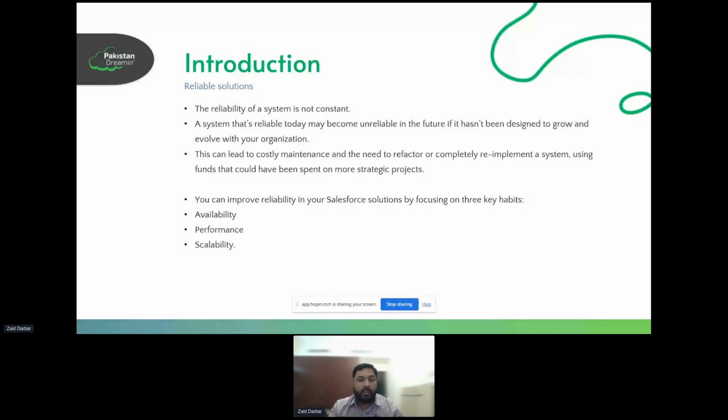So we need to make sure it is scalable enough. A system that runs fine for 10 users but doesn't run fine for 100 users is not scalable, and thus will not be a reliable solution. So we need to make sure that the system remains reliable throughout time. It is not something that is constant.